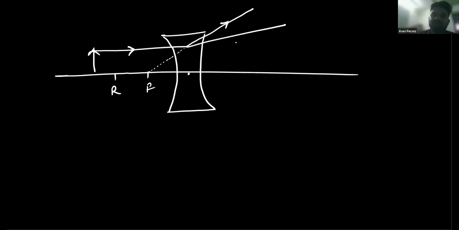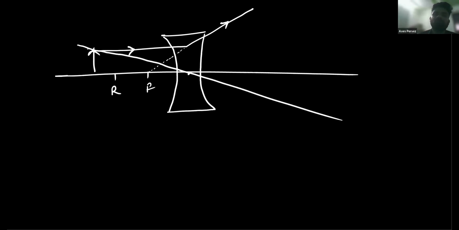You cannot diverge it any other way. The other ray passes through the optical center, and it will not diverge, whether it is a concave lens or a convex lens. It will pass straight through. Where they intersect is where the image is formed.